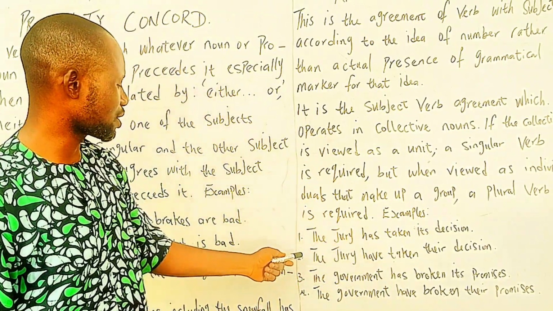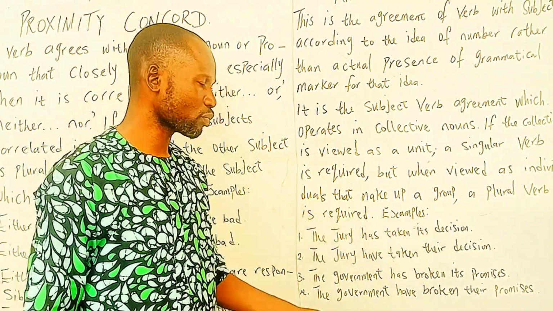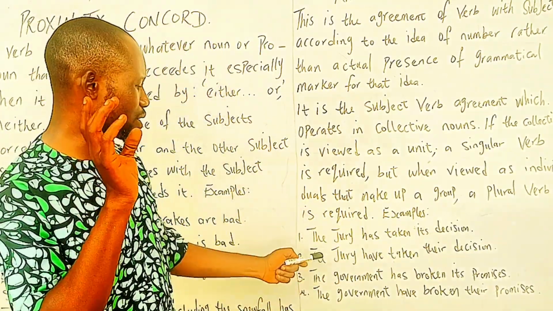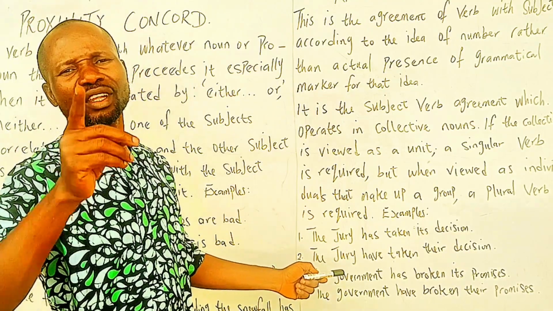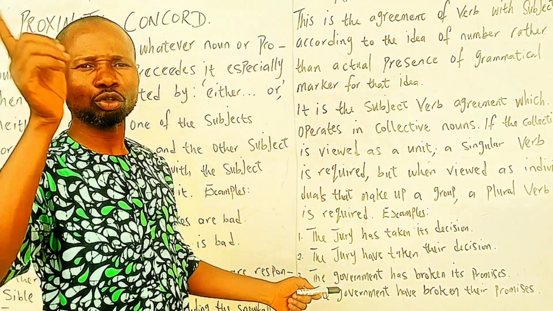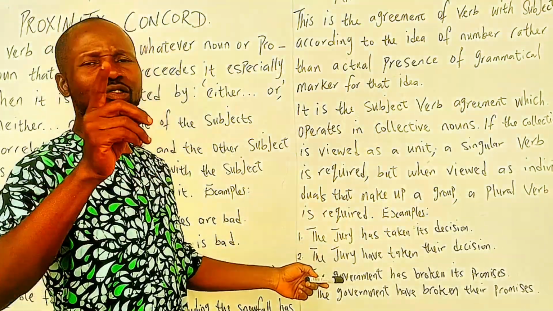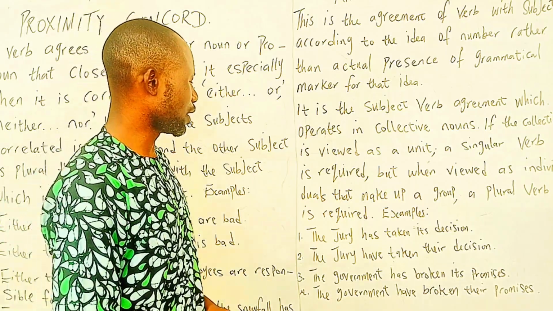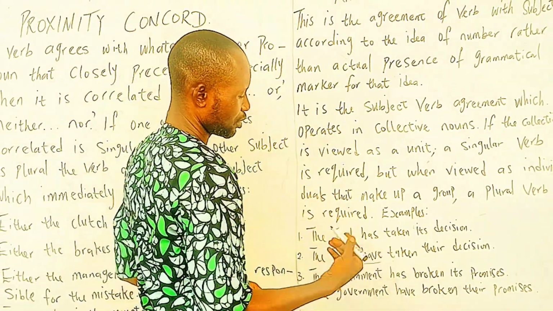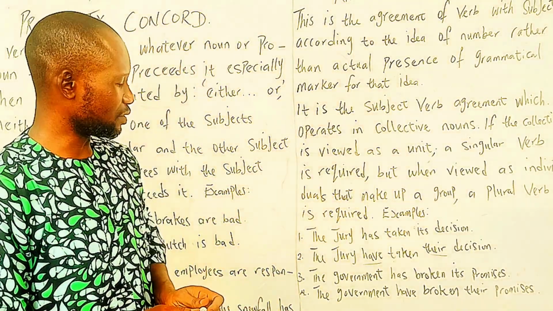Now look at example number two: the jury have taken their decision. You see now in this second example, we are looking at jury as what? Collective. So since we are looking at them as collective, we have already taken have and their, the possessive.